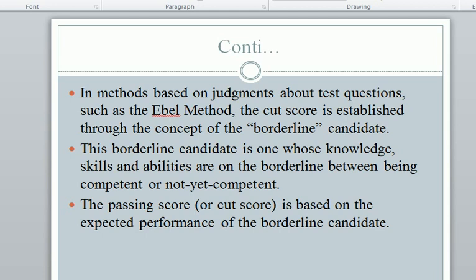In the methods based on judgments about test questions, such as the Angoff method, the cut score is established through the concept of the borderline candidate. It means the borderline of the cut score. If the students cross the border of the cut score, they will be declared passed or successful candidates.